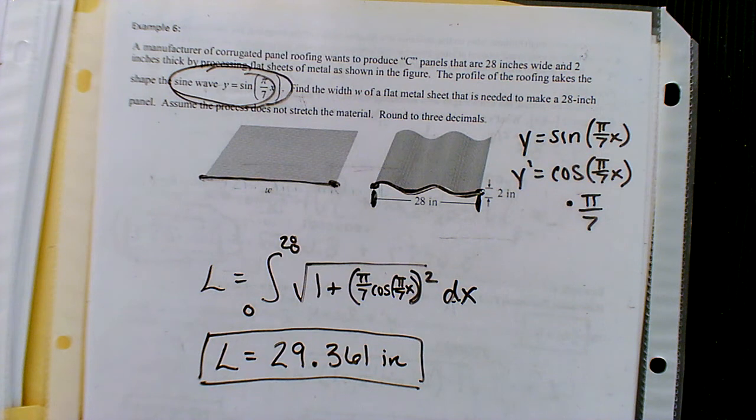They're very close approximations, yeah. 29.361. Thumbs up. Perfect.